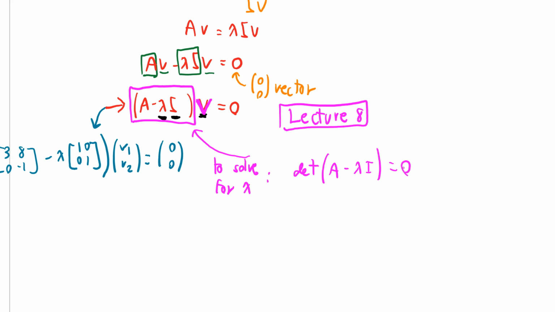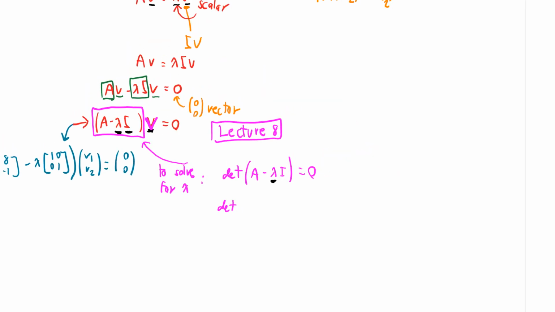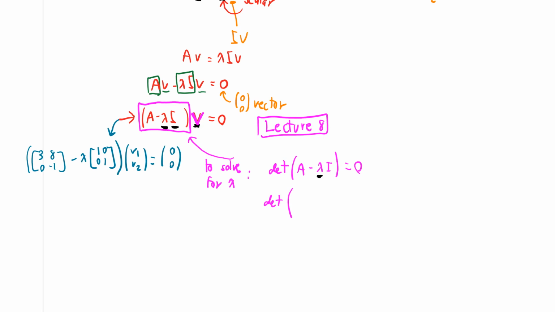Now I can focus on solving for lambda, because I already know A and I already know I. So, what are these? I need the determinant of my matrix A, which is [[3, 8], [0, -1]], minus lambda times [[1, 0], [0, 1]].